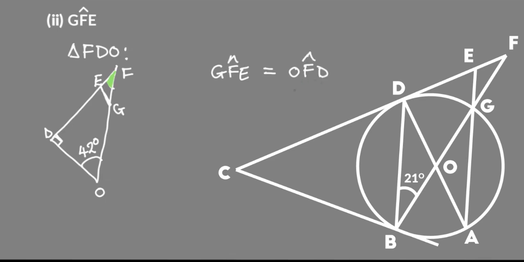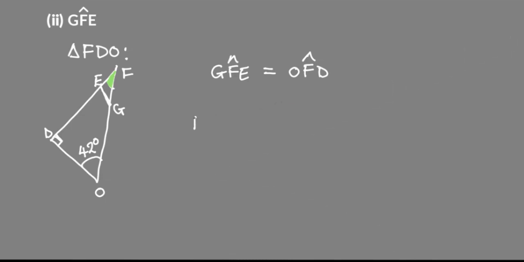Once you realize this, the question becomes very easy. So to calculate GFE, we're going to use the sum of interior angles of a triangle. We know that if we add the angle F, we also add the angle DOF, and we add the angle OFD.